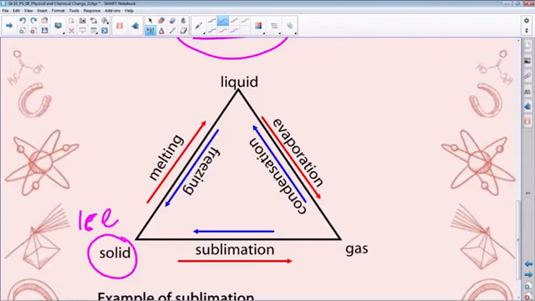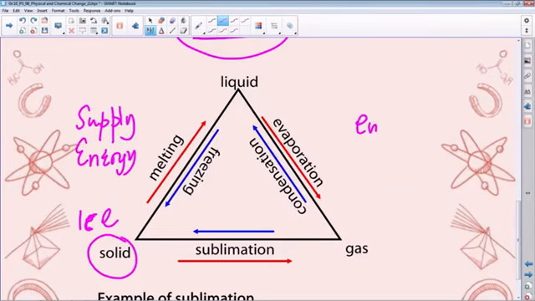So the red means energy must be supplied. So we supply energy in terms of heating. Very key. The blue means energy is released. Remember, when you cool a substance, the particles tend to have lower kinetic energy, which has a lot to do with temperature as far as kinetic molecular theory, something that we'll deal with in grade 11.